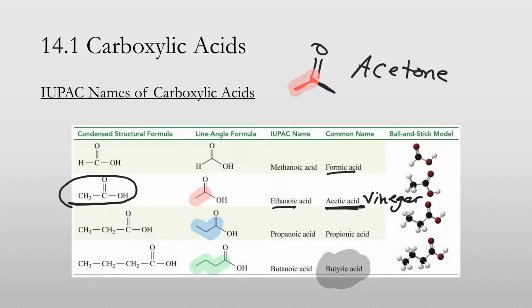So since it's derived from butter, it's butyric acid. That's why it doesn't follow the numbering system like mono, di, tri, tetra, and then penta, hexa, hepta. All of these things come from common sources of names, butyric acid happening to be from butter.